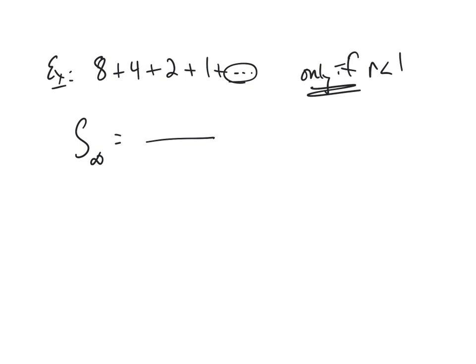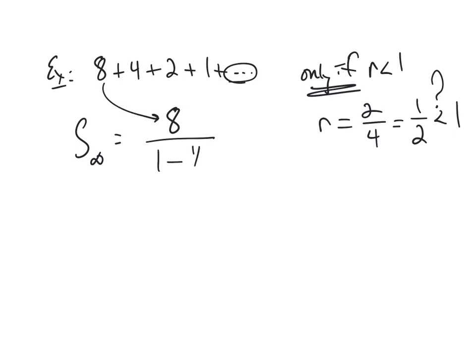And what's my r value here in this problem? R is going to be equal to any one of the terms divided by the one that comes before it. So if I take the 2 and divide by 4, I get 1/2. Question, is that less than 1? Sure. Therefore, I can add up the infinite number of terms by taking the very first term, 8, and dividing by 1 minus the common ratio.